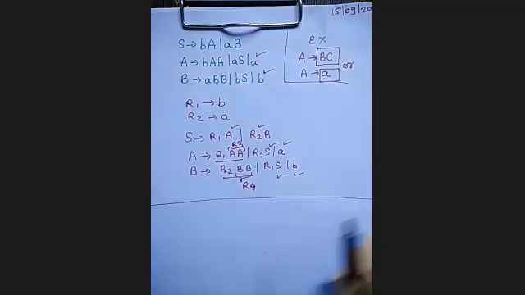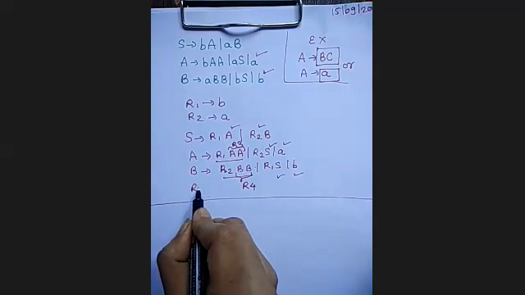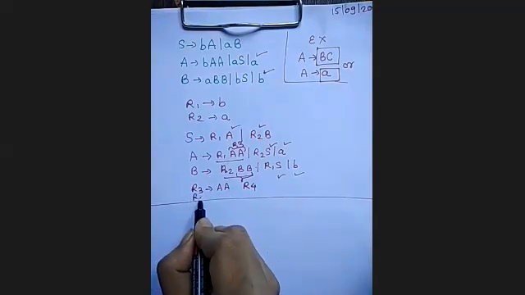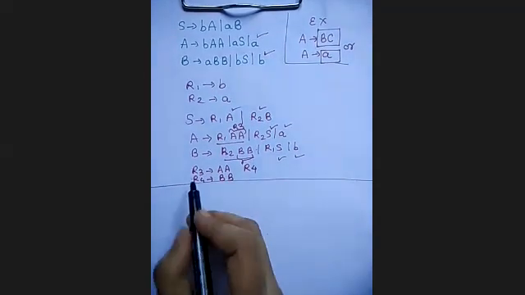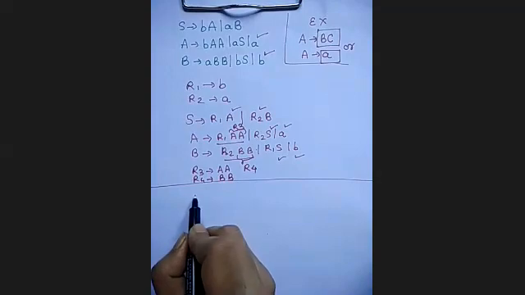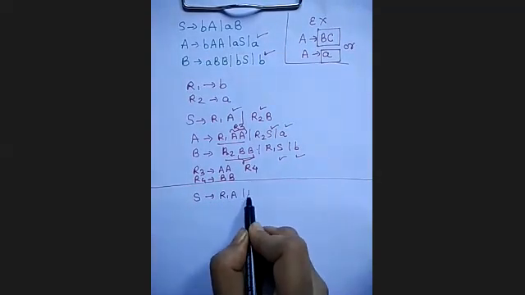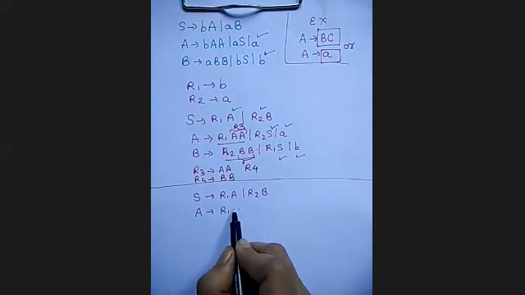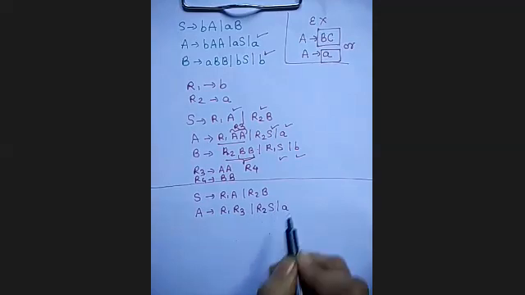Okay, I'll close this now. And for R3, what will you do then? For R3, AA, and for R4, BB. So let us write the final grammar. We'll start with the start symbol. S gives R1A or R2B. A gives R1R3 or R2S or a.